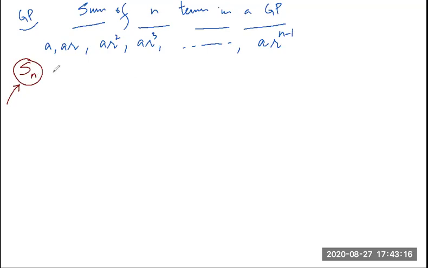So Sn will be the series, that is, first term A plus A R square plus A R cube plus so many terms plus A R raised to power n minus 1. Am I right, students? This will be the sum of n terms. Am I right? Students, am I right? Yes, sir. Very right.